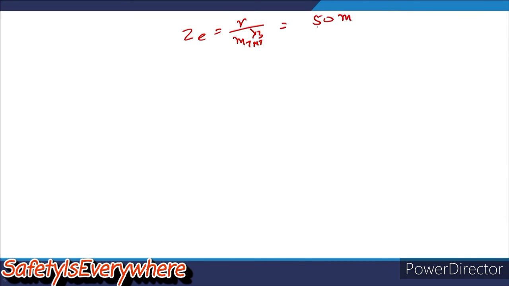These values are given in the problem, and we have calculated m TNT in the previous part. So it is 218 kilogram of TNT to the power 1 by 3. It is coming out to be 8.3 meter per kilogram to the power 1 by 3. Now through this we can refer back to the plot which we discussed in the previous problem.